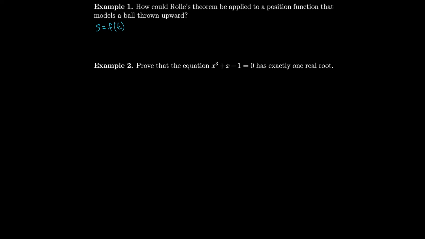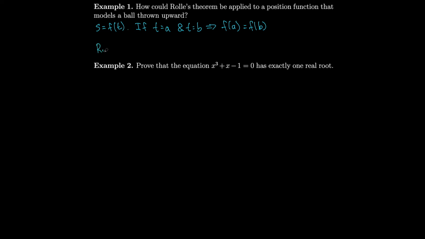Okay, and let's suppose that if t equals a and t equals b, then f of a is equal to f of b. In other words, the y values are equal along some interval from a to b.